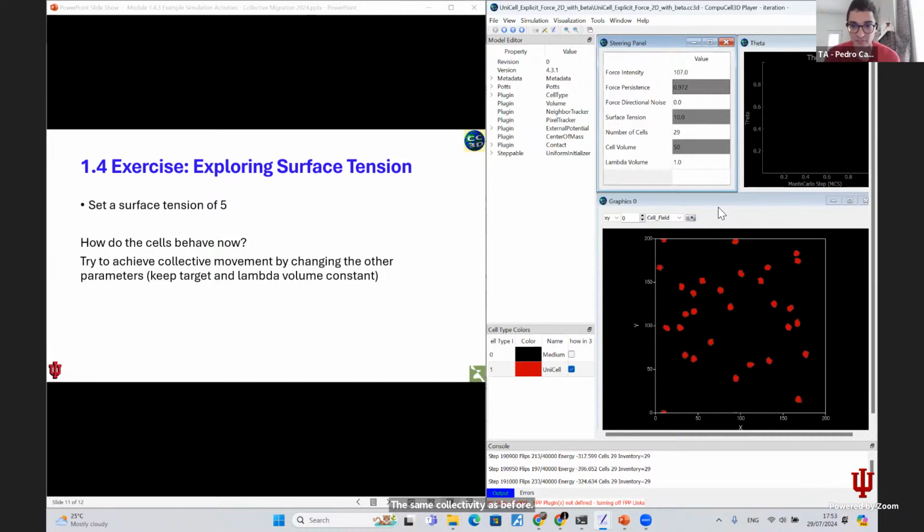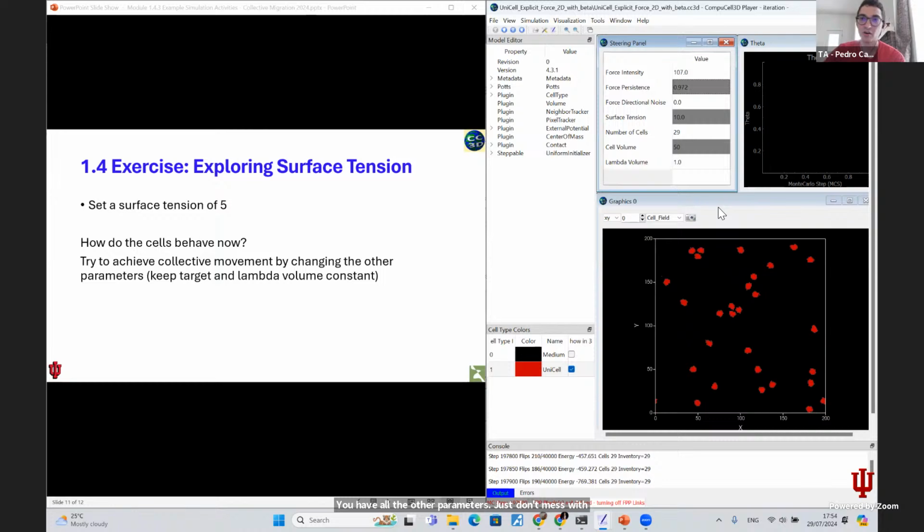Now the challenge for you guys is try to get collective migration with surface tension at 10. This is the challenge. You have all the other parameters. Just don't mess with cell volume and lambda volume. Change all the other parameters as much as you want and try to achieve collective migration.